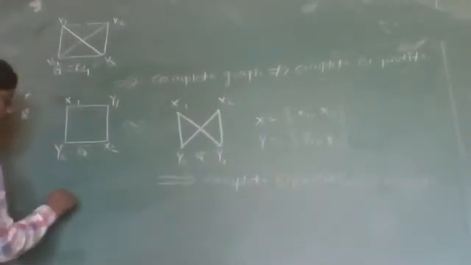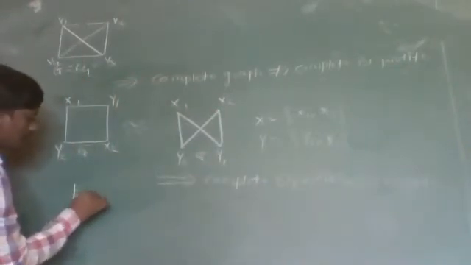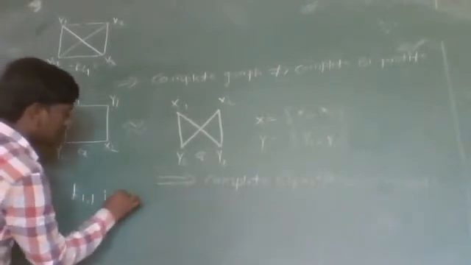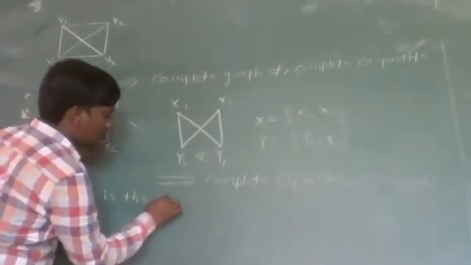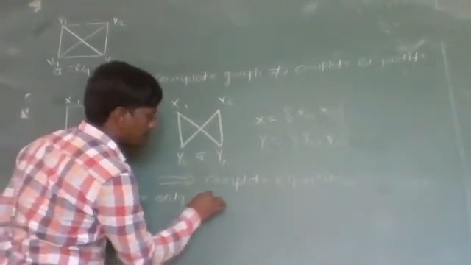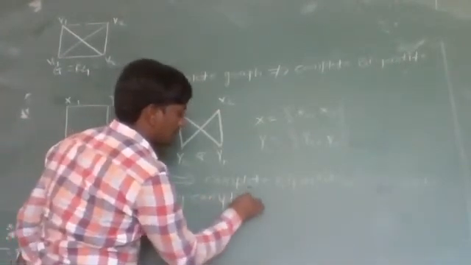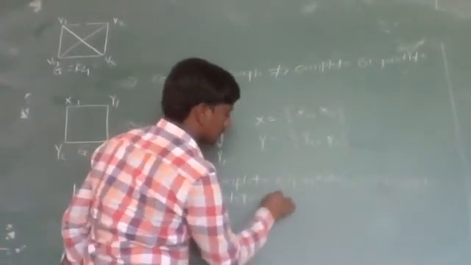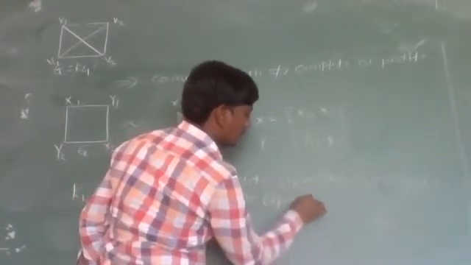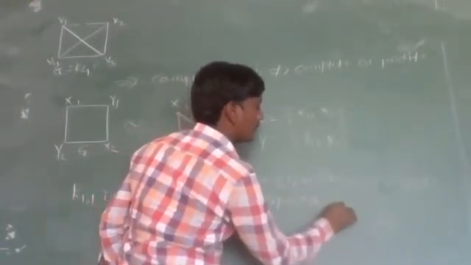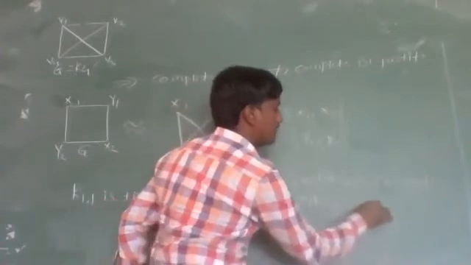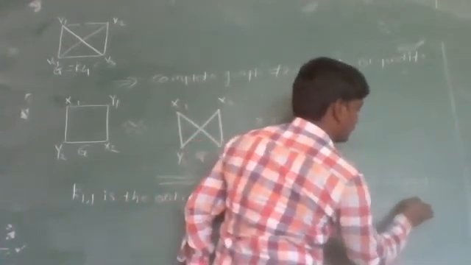So K11 is the only complete bipartite graph which is complete.